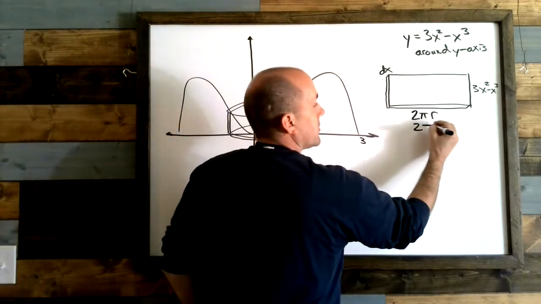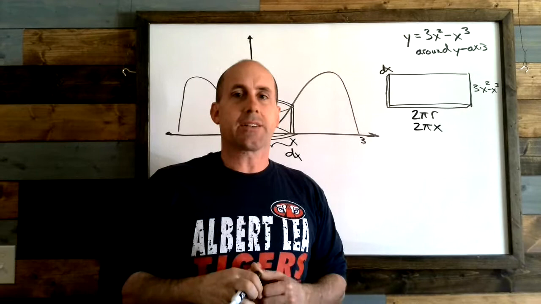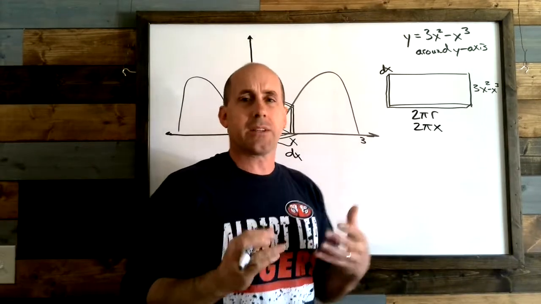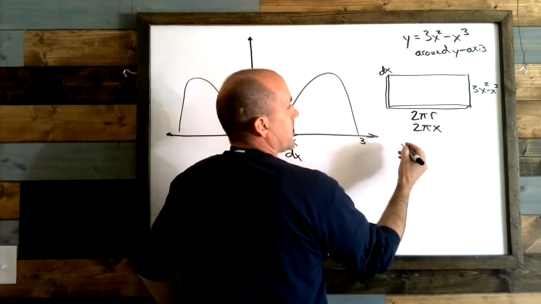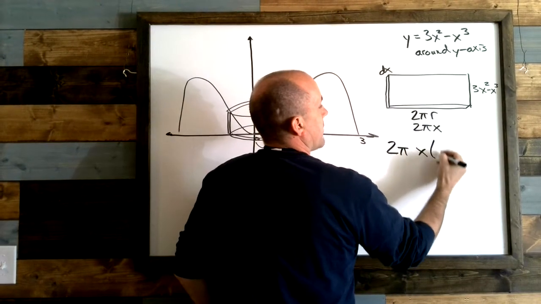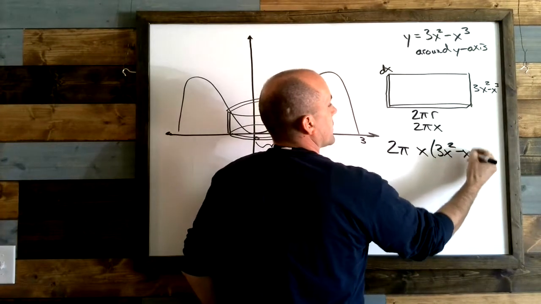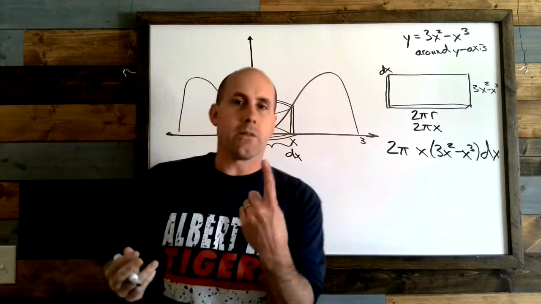The distance is just x. So in this case, the radius is just x. It often ends up being x, and it makes it super easy to do our integration. The volume of this piece is 2 pi times x times 3x squared minus x cubed dx. That's the volume of one of those things.